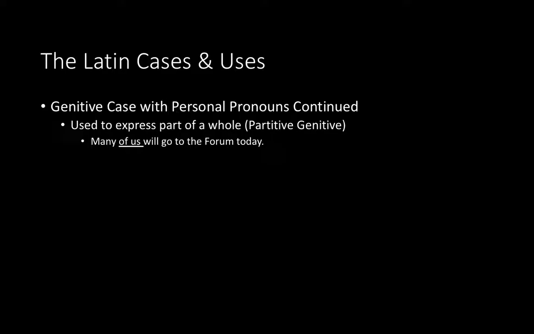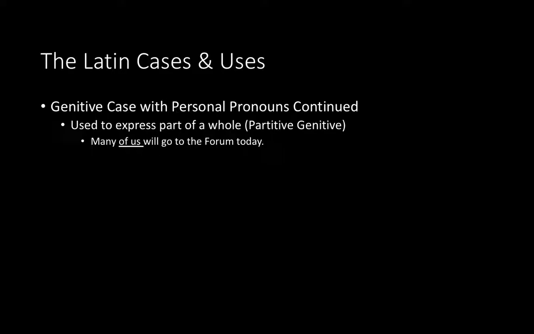Here's a really good example that takes into account the personal pronoun us in the genitive form. Many of us will go to the forum today. By the way, you will often see the noun or adjective or pronoun that comes in front of the genitive of the whole referring to some sort of number.